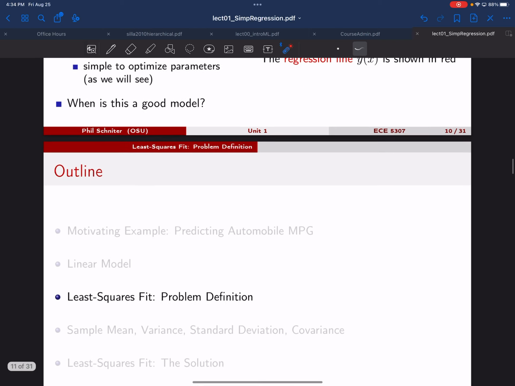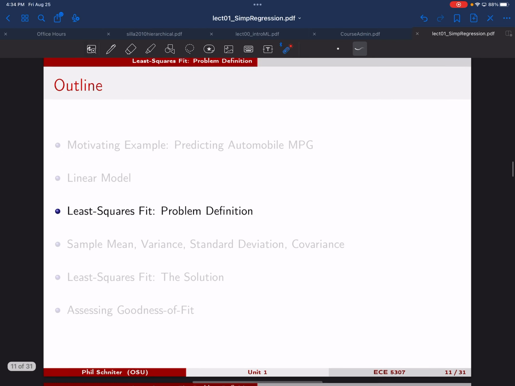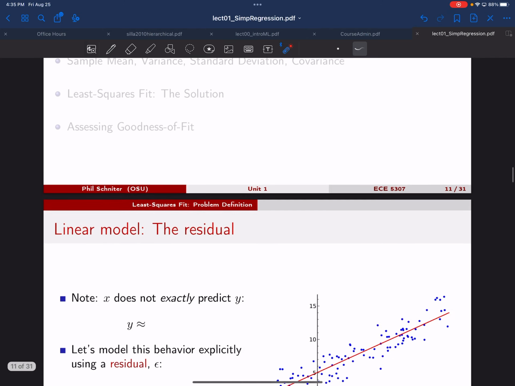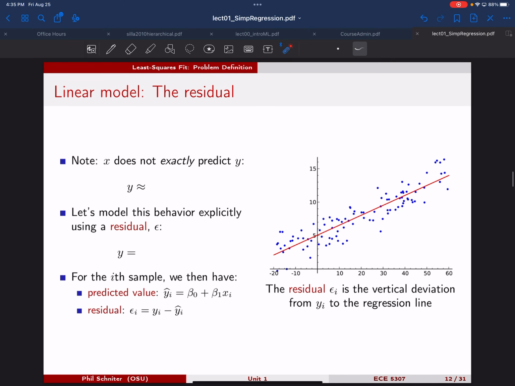Great. So now we're going to start talking about how we actually determine these parameters. Let's first rewrite our model. Lukman Oyelami, do you remember what I fill in the blank here with for our model?